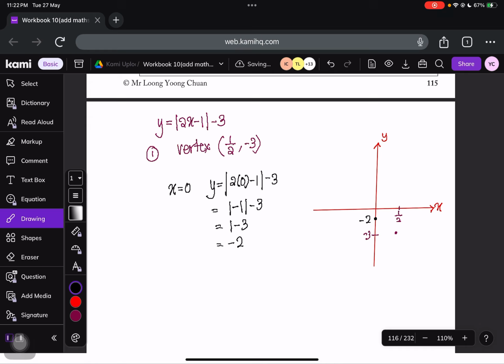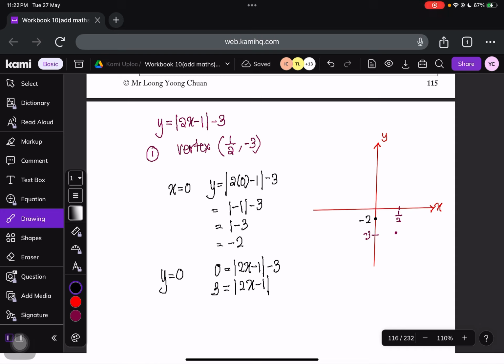We also need the x-intercept, so y equals 0. So we have 0 equals modulus of 2x minus 1, minus 3. Then you bring over, you have 3 equals modulus of 2x minus 1. Like I said, I like to use the method of squaring, but there's another way of doing it.